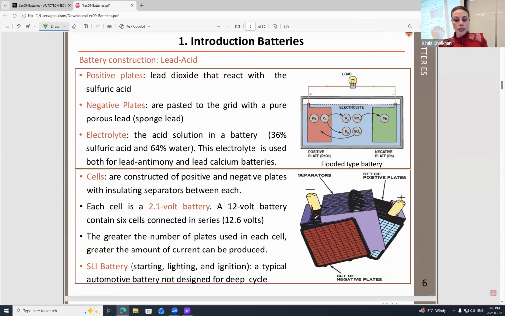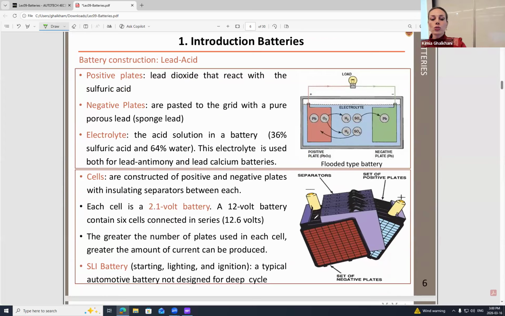So next is going to be about lead acid batteries. Well, remember at the beginning in the very first slide, I said lead acid is a secondary battery, meaning it is a rechargeable battery, and it's one of the most common batteries in vehicles right now out there, right?